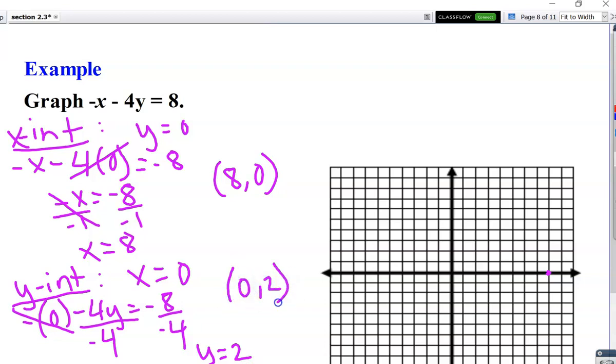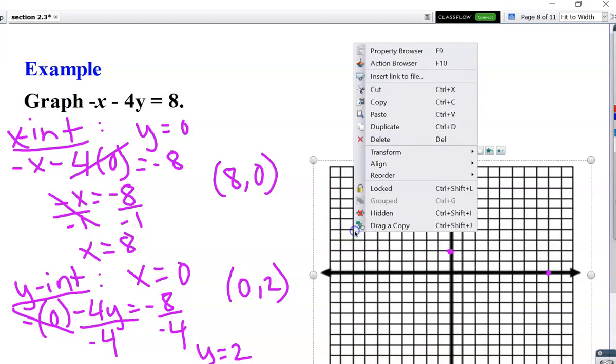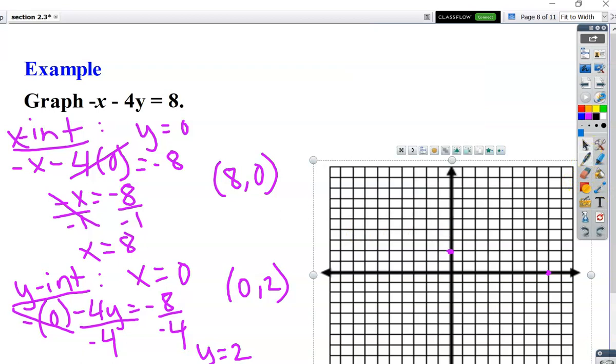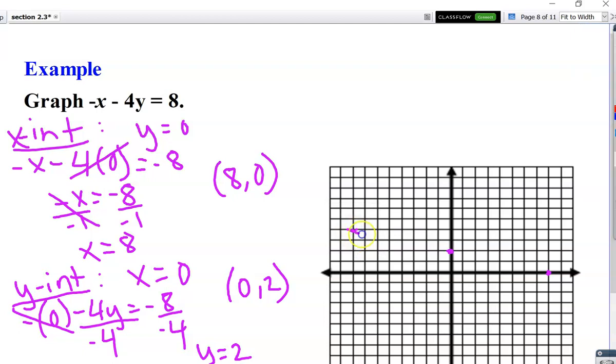So then the y-intercept will be located at 0, 2. So between these 2 points, we go down 2 spaces and to the right 8. So we can also go up 2 spaces and then to the left 8. And then connect your points.